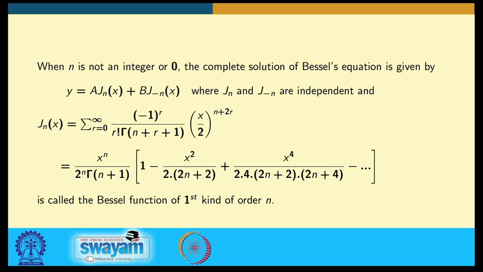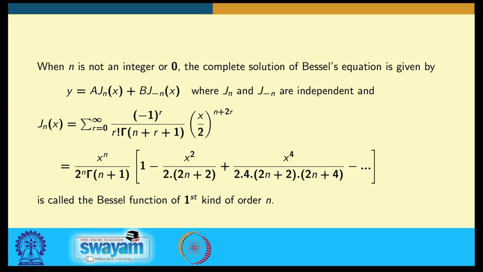J n x is defined this way: the sum over r from 0 to infinity of minus 1 to the power r, divided by factorial r gamma of n plus r plus 1, into x by 2 to the power n plus 2r. This we can write as x to the power n over 2 to the power n gamma n plus 1, into this series.